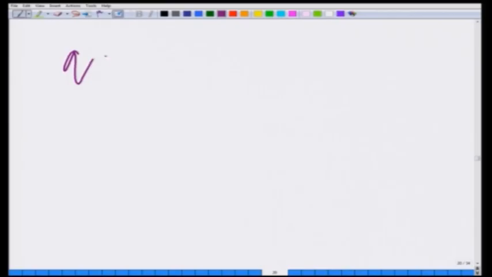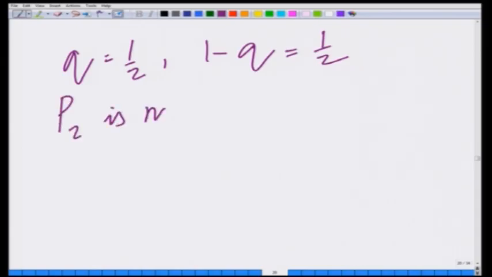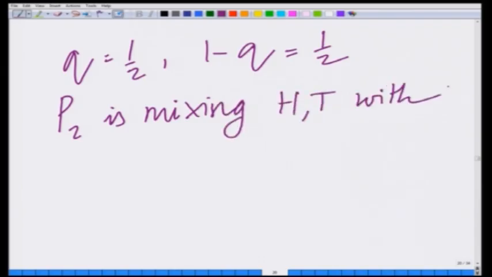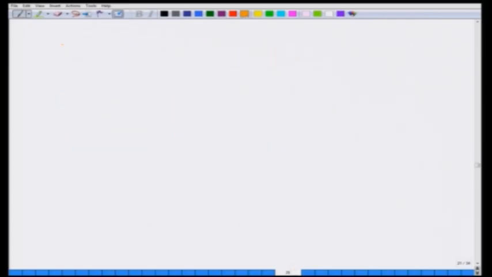So, we have q equals half, 1 minus q therefore also half. Therefore, P2 is mixing h comma t with probability half comma half.